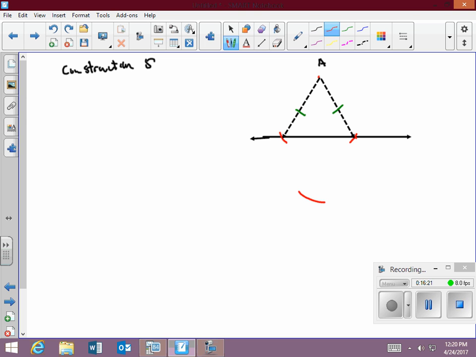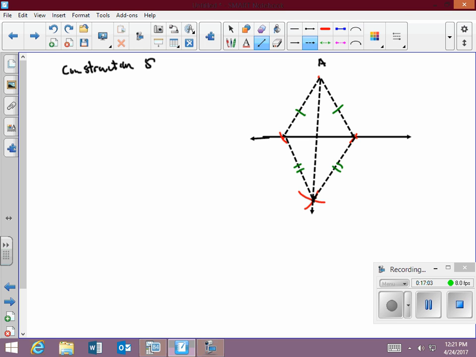Make your arc, put the point here, make an arc, and what you've done is you've created the line from here to here and one from here. Those two line segments now are congruent. And then you join the line from this point out through there.